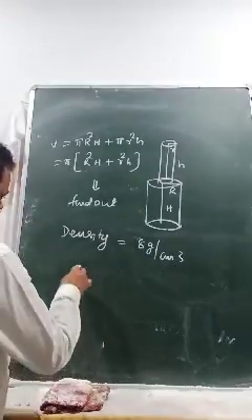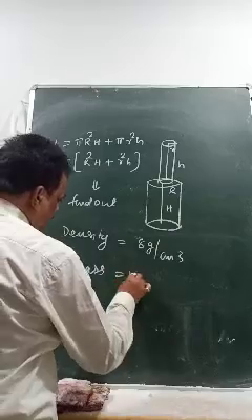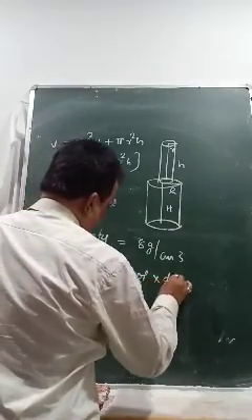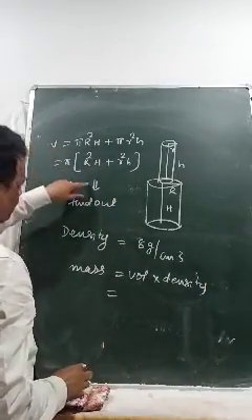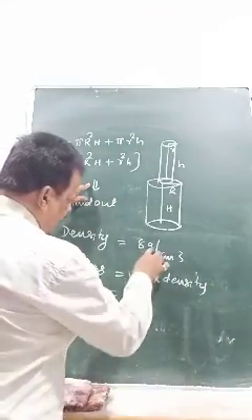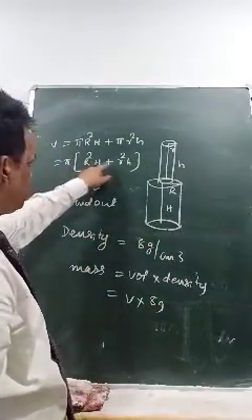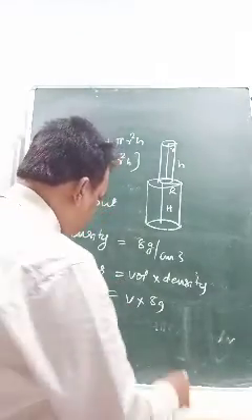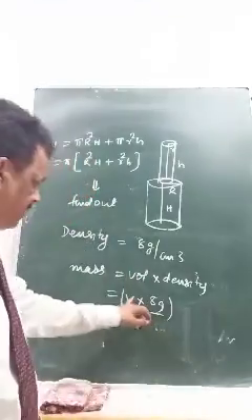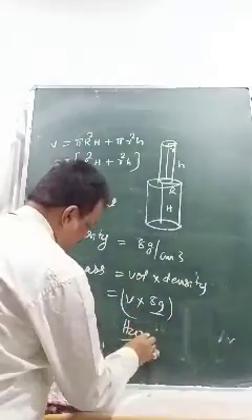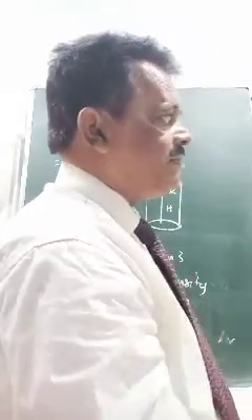Then you want to find out the mass: volume into density. So this V you will find out. Density is 8 gram. V will come from here. Put the value, find out, put here. That will be gram. Okay? Complete it. Homework. Complete this. Then you go to question number 7.